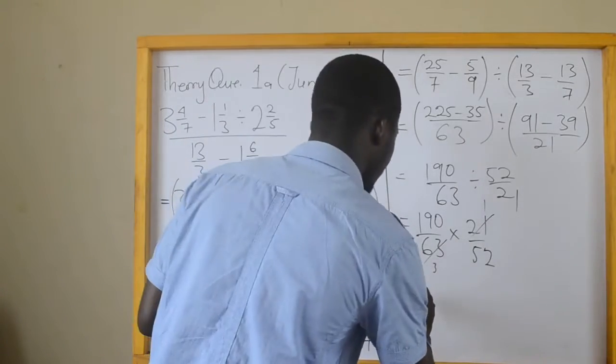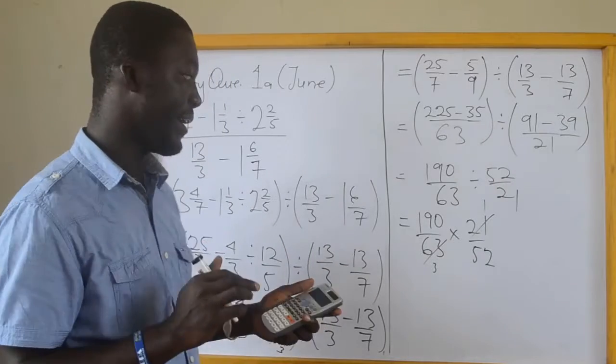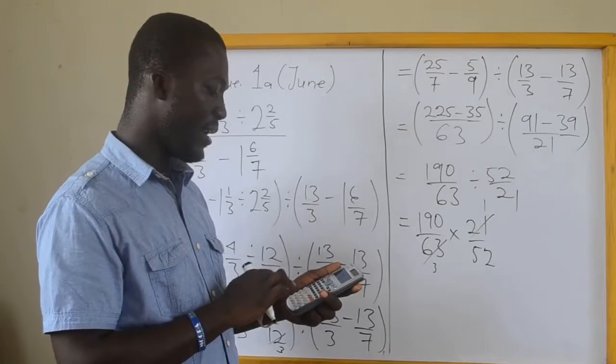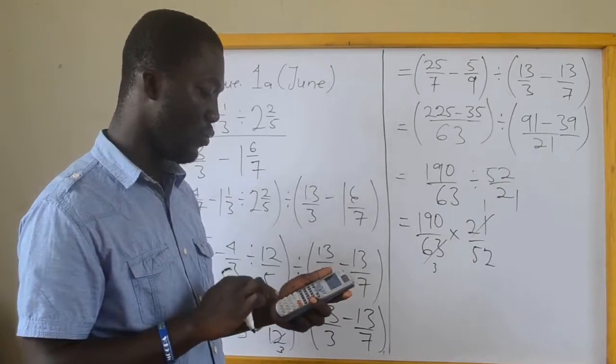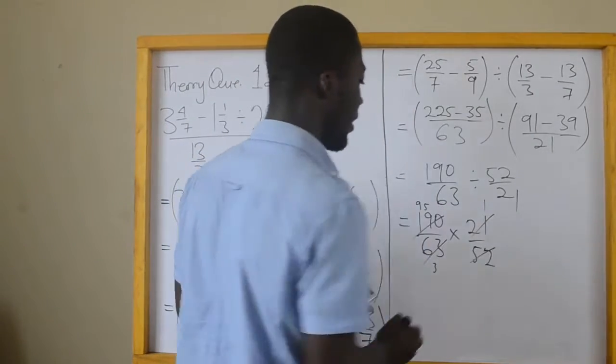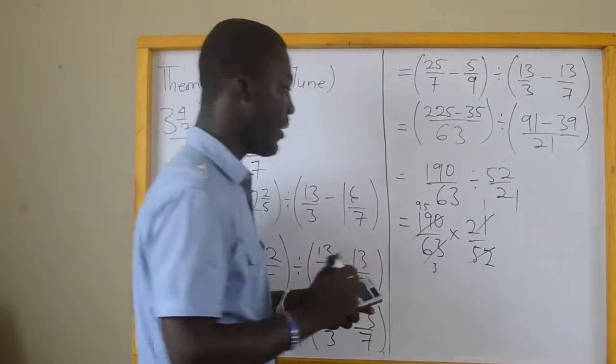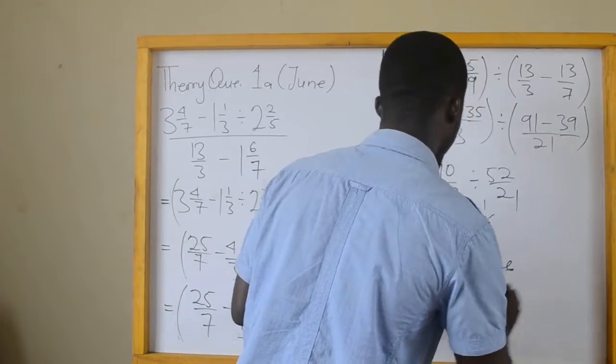Then when you look at the 190 and 52, you can see that 2 can divide both. So 190 divided by 2 is 95, and 52 divided by 2 is 26.